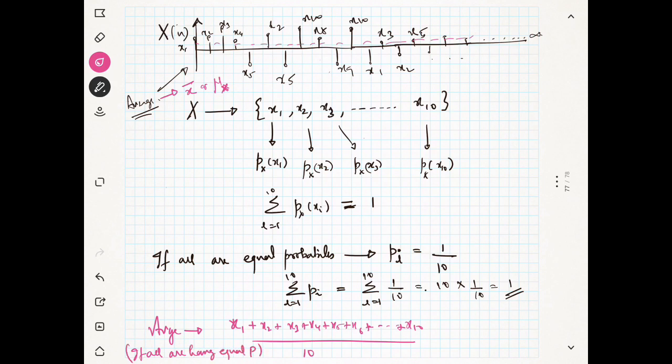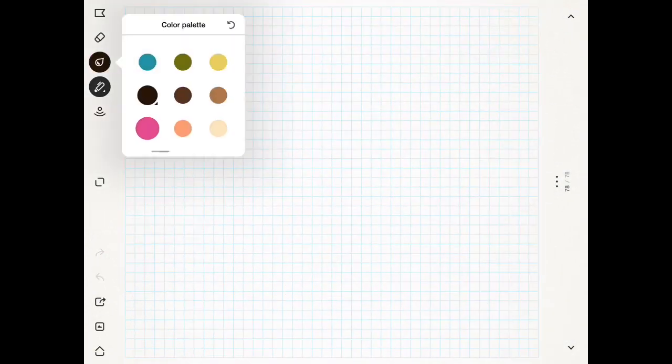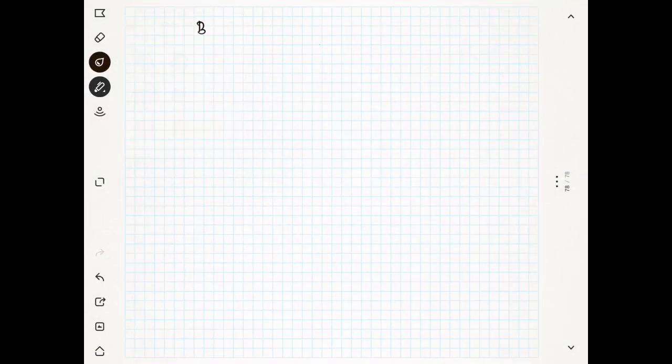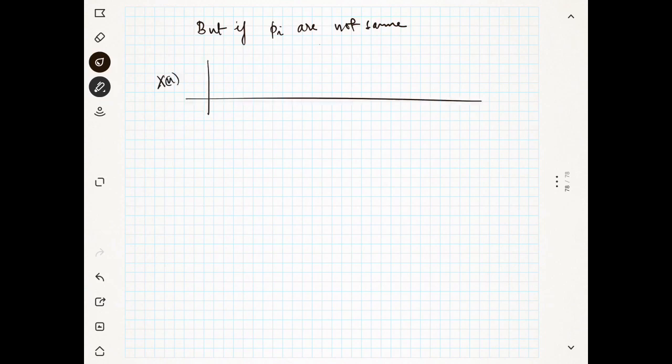But there is an issue if the probabilities are not the same. Then your signal x of n has x1, maybe here x3, it may repeat x4, maybe x2, like this it is going on.